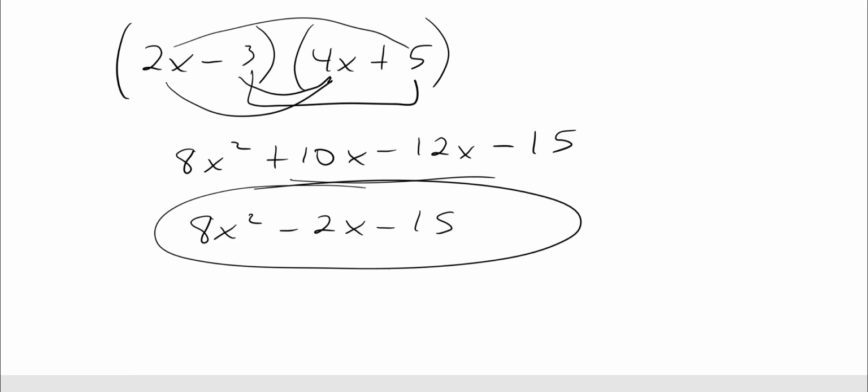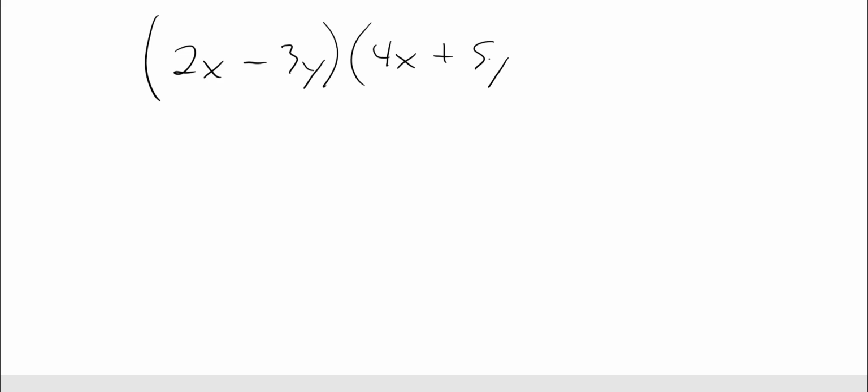Let's do one with two different variables, okay, and just show you what's going on here. So if I do 2x minus 3y and 4x plus 5y. Okay, so you get x and y in here, but no big deal. Okay, so 2x times 4x, again first, gives me 8x squared.